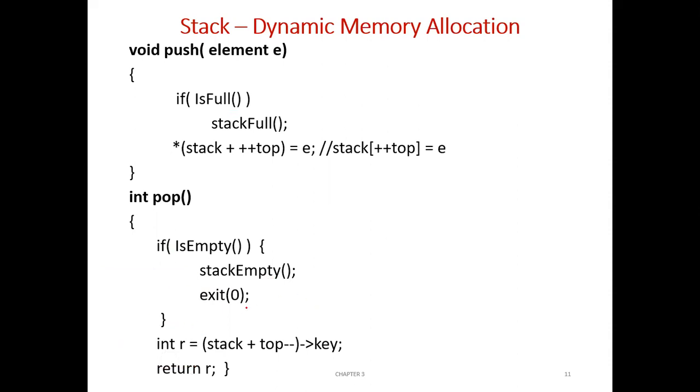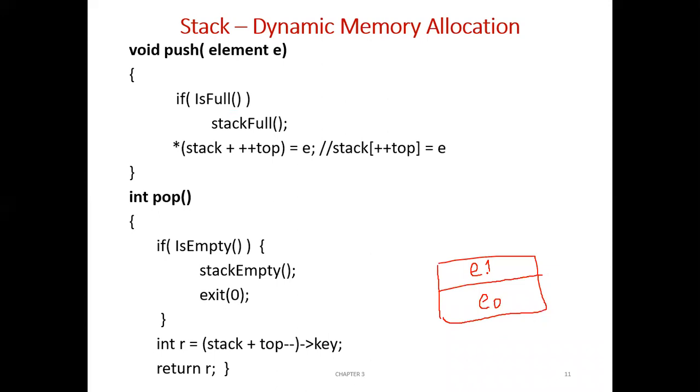If stack is not empty, then what we do, we pop the topmost element from the stack. Okay, for popping, what we are doing is stack plus top minus minus. Why are we doing this? Assume that stack contains 2 elements, say one is e0, another one is e1. Okay, e0 and e1.